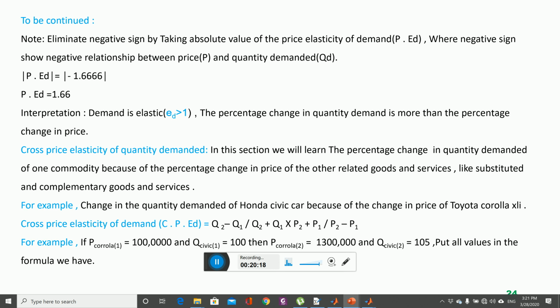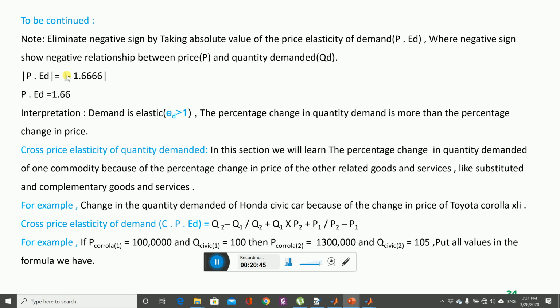Negative sign doesn't mean that we calculate negative elasticity. Elasticity must be positive. So to eliminate this issue, I write here in the slide that eliminate negative sign by taking absolute value of the price elasticity of demand, where negative sign shows negative relationship between the price of the commodity and quantity demanded of that particular commodity, as shown here.